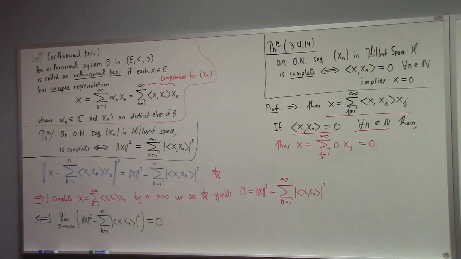I think if I'm careful in my application of Bessel's inequality here, we can prove that the limit of this has to be 0. If you can prove the limit of this has to be 0, that is, I believe, the same as saying that x is equal to that in the limit, which is the completeness.